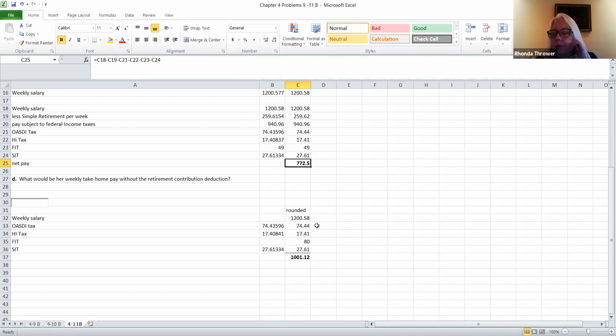What I'm saying to you is if you have an IRA, they will deduct it from your gross pay, and then you will pay less income taxes on that IRA while you're working.